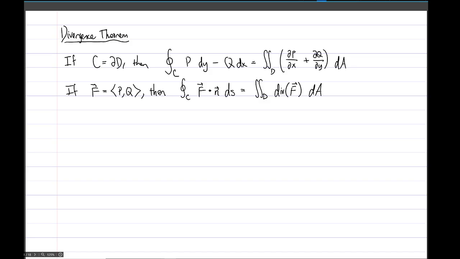If you don't recognize it quite like that, you might recognize the derivative of P with respect to x plus the derivative of Q with respect to y plus the derivative of, let's say, R with respect to z. But this is a two-dimensional version. And this thing here, just to comment on it, this is really the flux of a two-dimensional vector field F with components P and Q across a closed curve C.